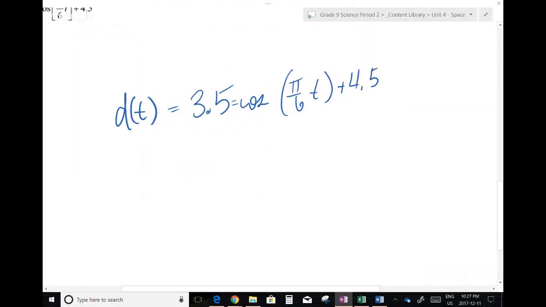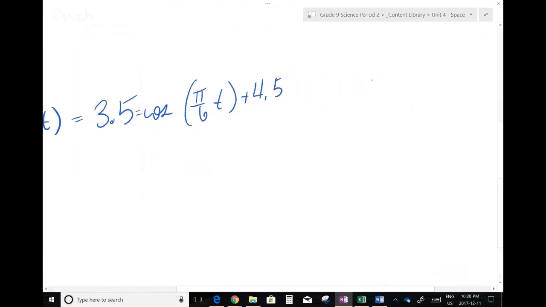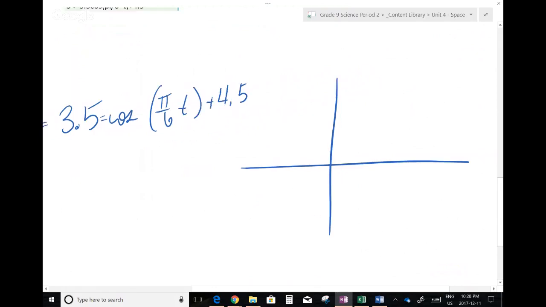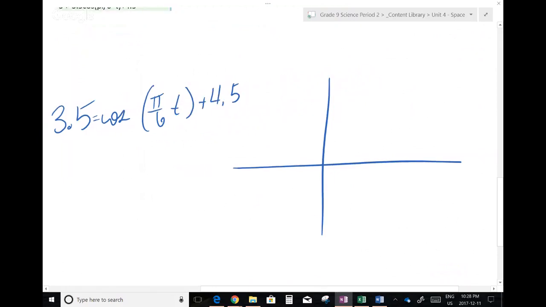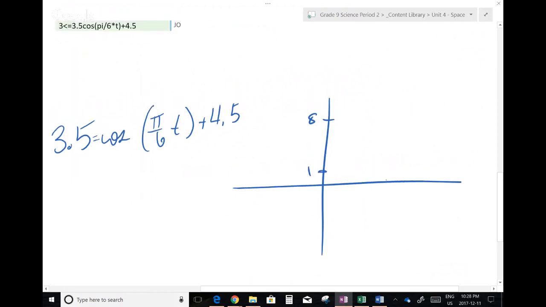That is better. Okay. The basic idea is we've got this sinusoidal function. As I understand it, it's going to go as high as 8 and as low as 1, and it has a cycle of roughly 12 minutes, right?